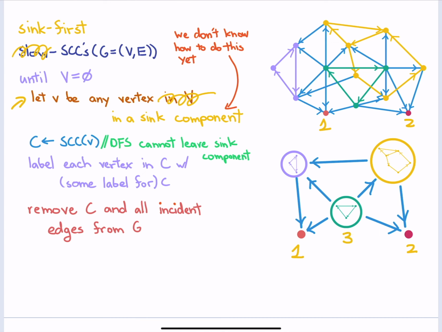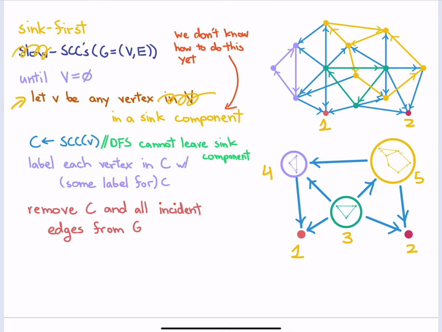I might do the green vertex third, because once those other two are removed, okay. And then maybe this would be fourth, and that would be fifth. But I would take a vertex out of a sink component, sink component, sink component, and call strongly connected components.